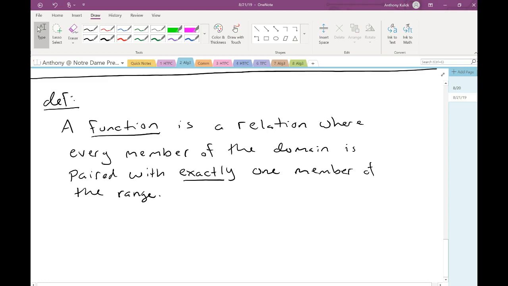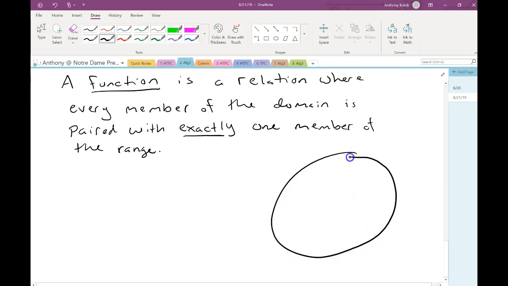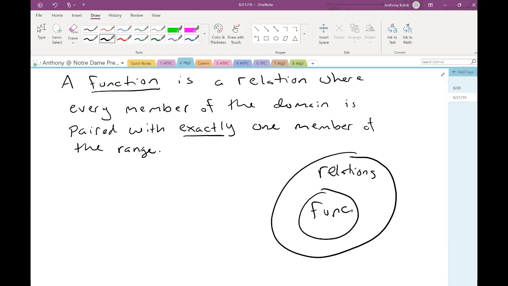So if we think about it as a picture, if this is the relations, inside of that are the functions. Every function is contained inside of the relations, but there are some relations that are not functions. Is that okay with that idea?